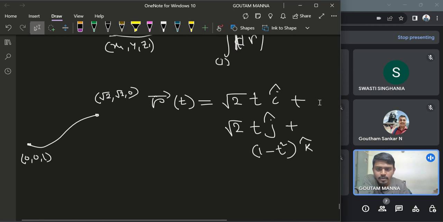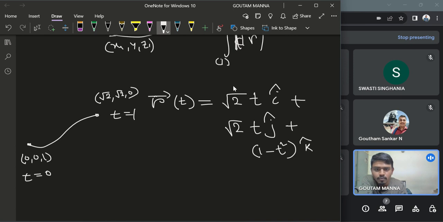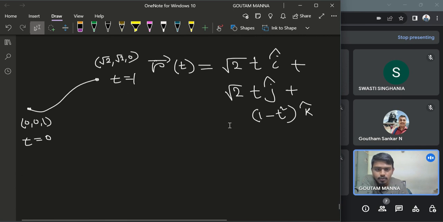So you are given a parametric equation of this curve. To go from this point to that point, this is the t equals 0 point, and this is the t equals 1 point.